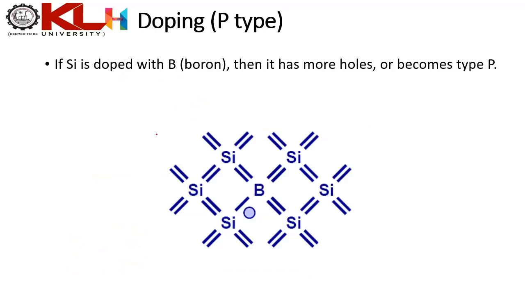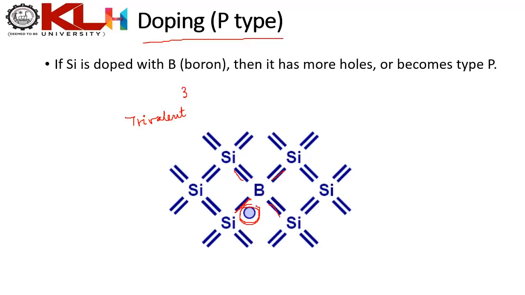Okay, now there is another type of doping. It is doping with p type. Now we have trivalent elements like boron, which has 3 electrons in its outermost shell. So what happens is, the boron is able to form 3 covalent bonds, but with the silicon it is an incomplete covalent bond.